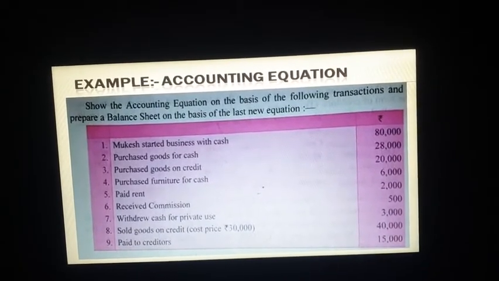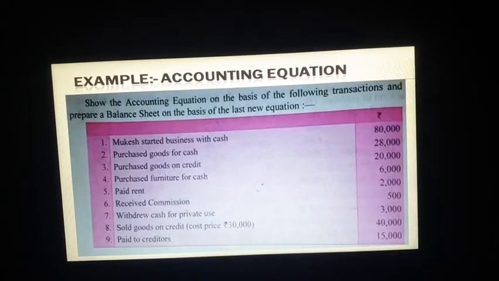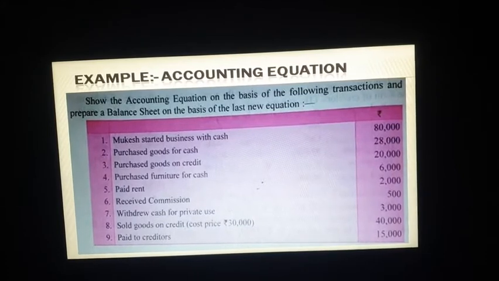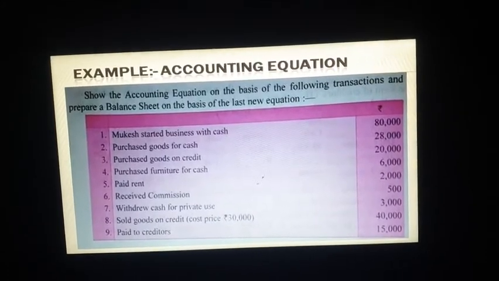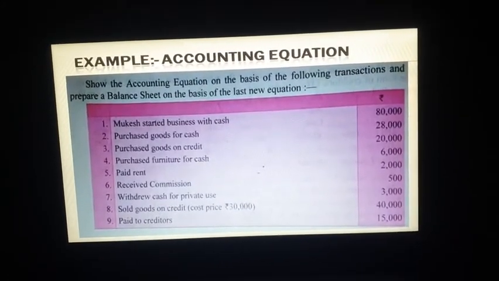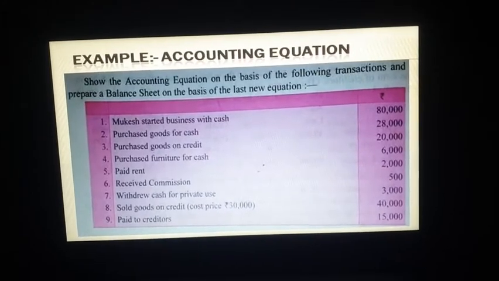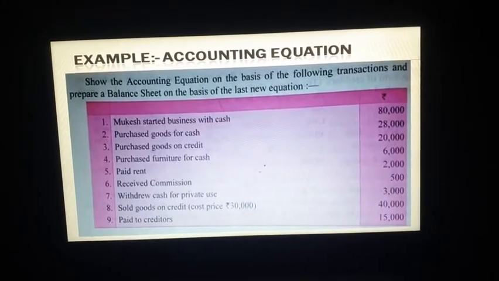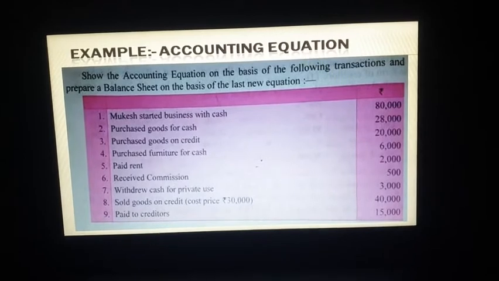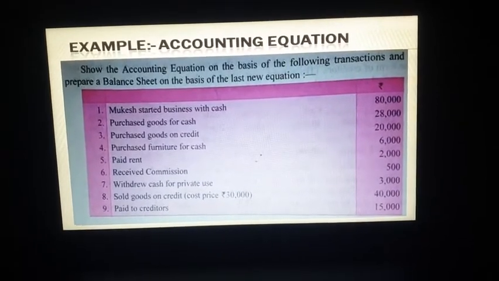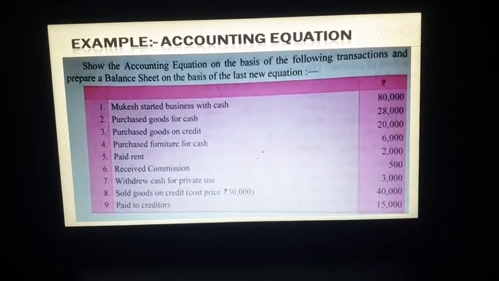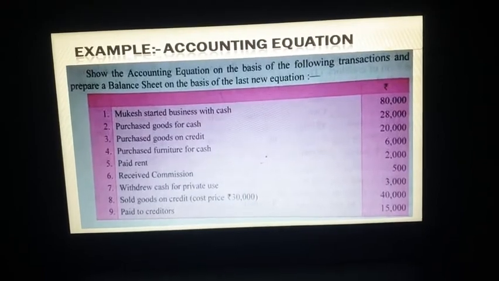And second thing, you sold the goods on credit, so you have to receive the amount. In this case, you will receive the amount from debtors. So debtors will be shown as 40,000. And if you sold the goods of 30,000 at 40,000, then the profit of 10,000 will be added to the capital. So in this case, there will be three effects.